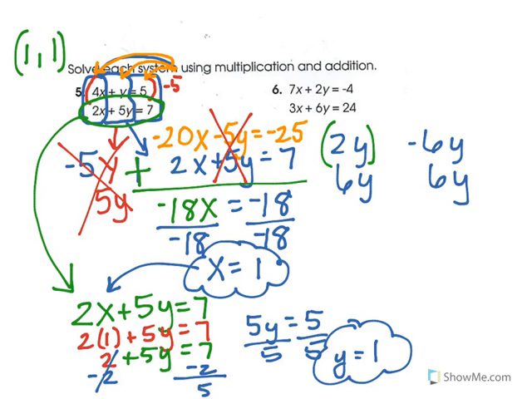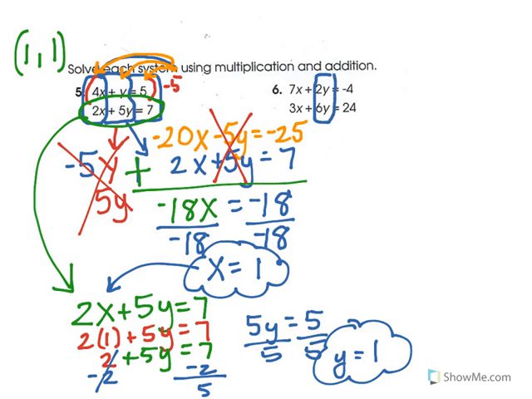To get the top to be negative 6, you'd multiply that by negative 3. So you could do it either way. I'm going to eliminate the y column first because I will only have to multiply one equation by one number instead of having to multiply it by two numbers.